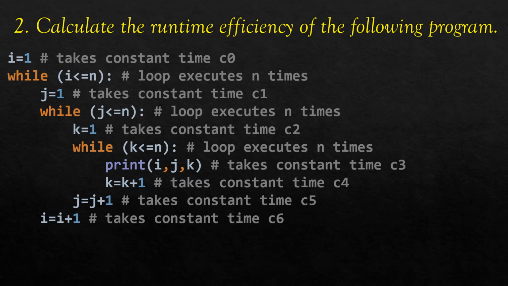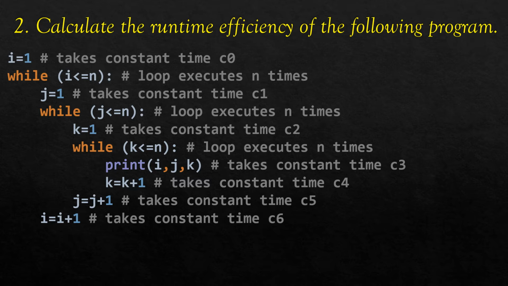As you can see, every time i, j and k are all incremented by 1 only, and they are executing till n. So i, j, k all are initialized with 1. You can see clearly all the while loops are executing n number of times. First while loop, i less than or equal to n, and finally i is equal to i plus 1.